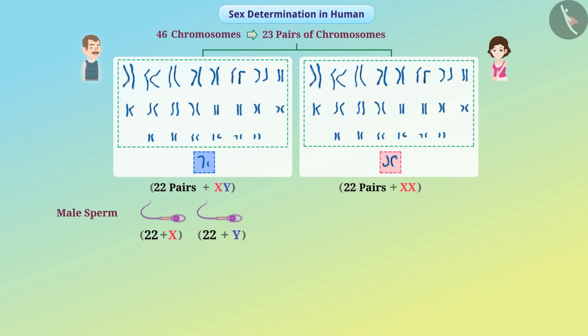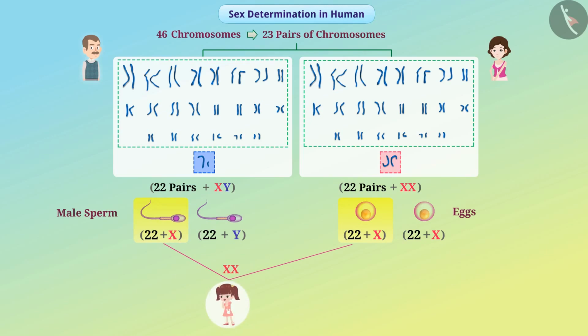Since the sex chromosome in females is XX, therefore, all the reproductive cells, that is eggs, have X chromosome. During fertilization, if the sperm with the X chromosome fuses with the egg containing X chromosome, the sex chromosome of zygote produced will be XX, which will develop female traits.